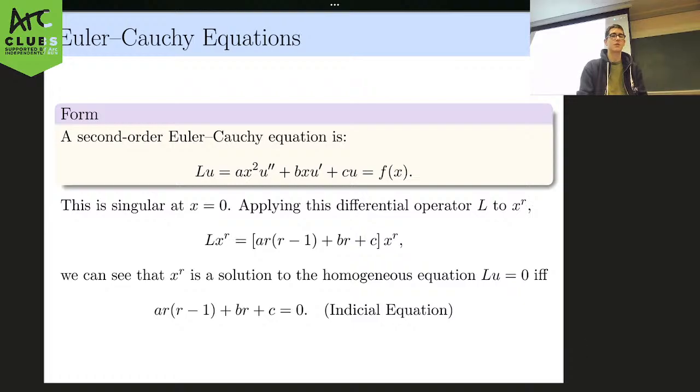And to work with that, we first need to look at the Euler-Cauchy equation, which lets us approximate some types of equations near x equals 0, so that we can find a root of what's called the indicial equation that lets us work with the Frobenius method.